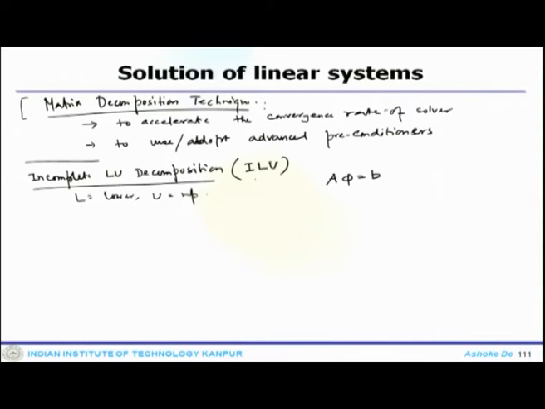The way this incomplete factorization is done from A is that they have the same non-zero structure in the lower and upper half. So, A can be written as LU plus R, where R is the residual of the factorization process.